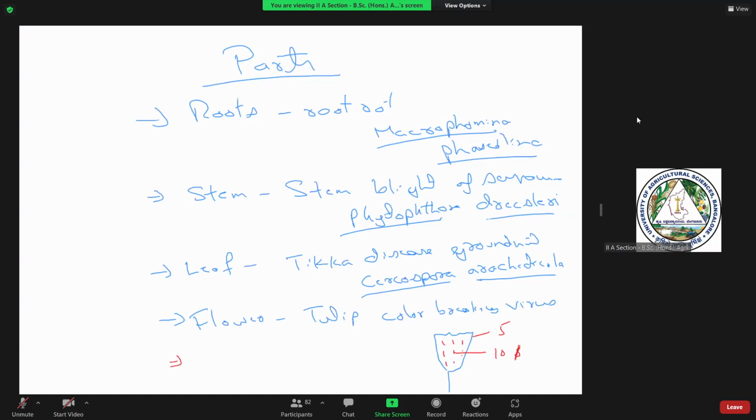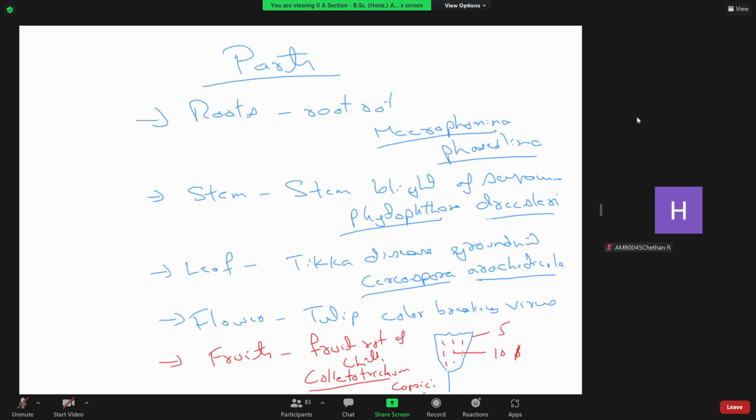And at the last, the diseases caused on the fruits. There are n number of diseases, but we'll take one classical example, the fruit rot of chili, which is caused by Colletotrichum capsici. Colletotrichum capsici is one of the examples.